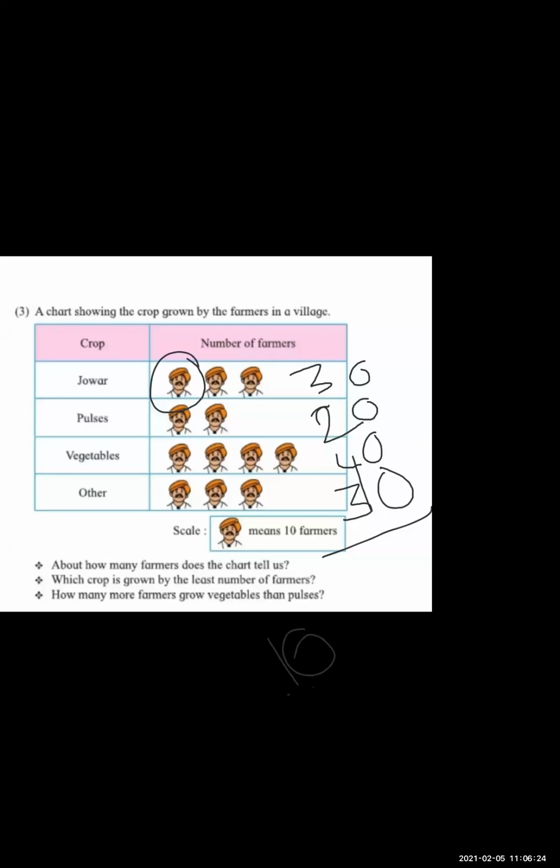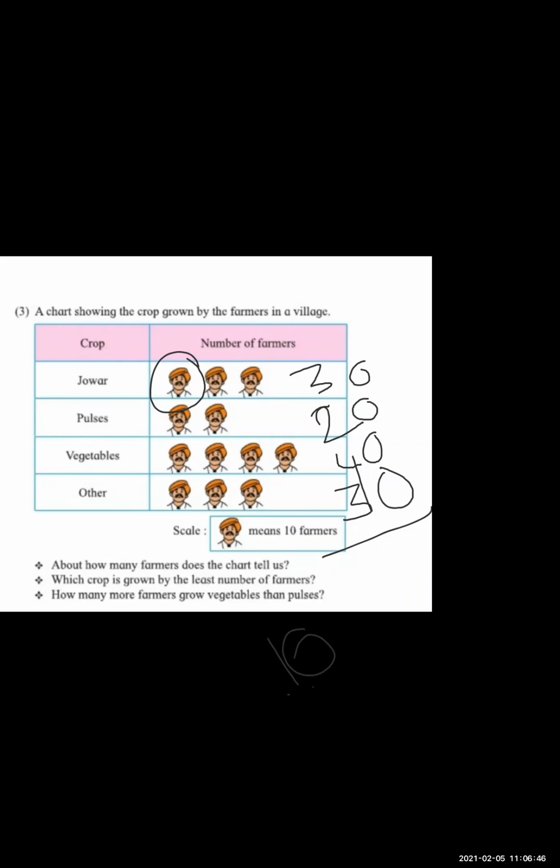You want to check the comparison of the pulses and vegetables columns, students. Clear? When the question asks which one is more, you want to take the comparison. You want to compare two columns, pulses and vegetables. In the pulses column, only 20 farmers are there.